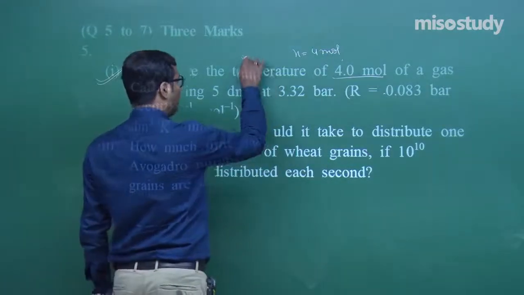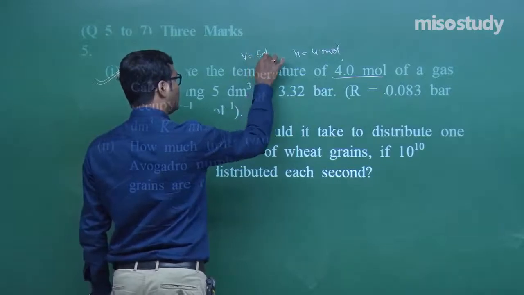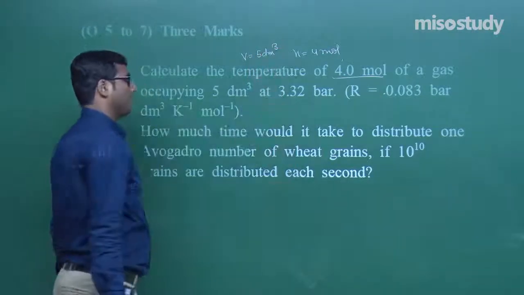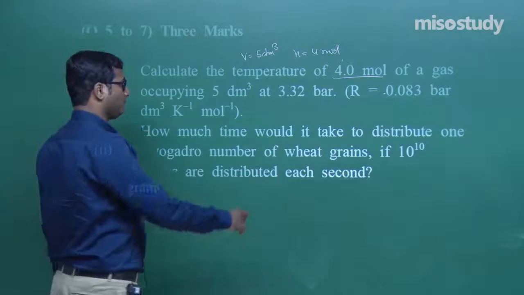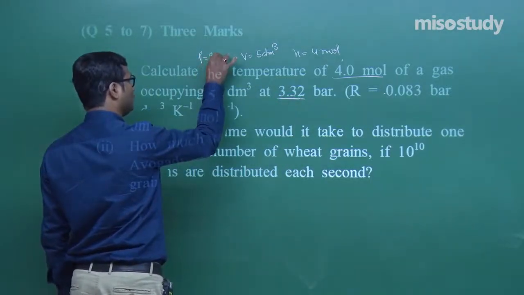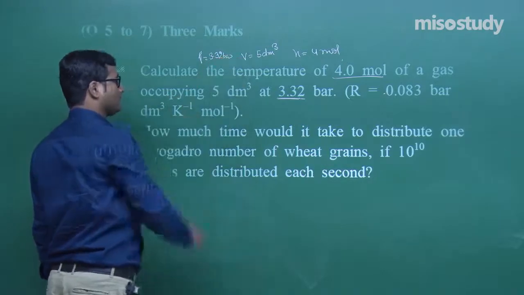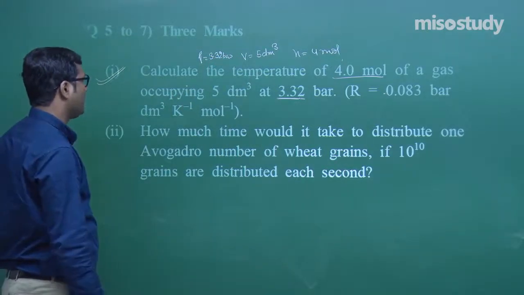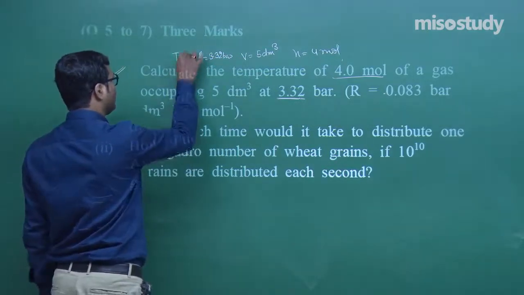Volume is 5 decimeter cube. Pressure is given, my friend, 3.32 bar. R is given also and we have to find out the temperature.